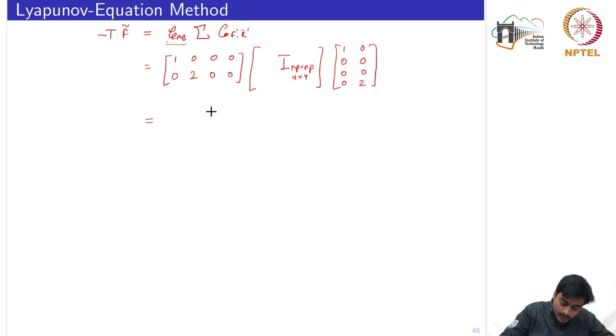Now if we see the product of all these matrices, on the right hand side we do not have a full rank matrix, though all three individual matrices are of full rank. So we cannot ensure that the T matrix would be a non-singular matrix. That's why this is only a necessary condition, but not a sufficient condition.